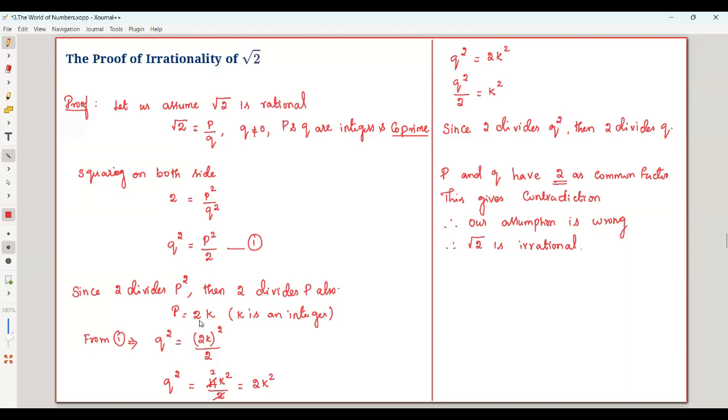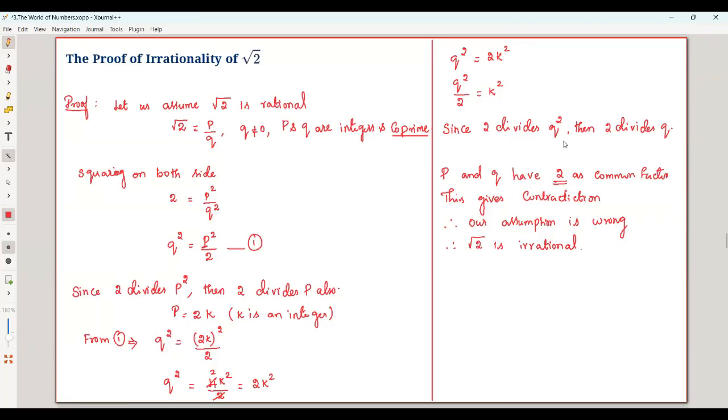So p can be written as 2k, k is an integer. Now in the place of p, I have to substitute 2k in the first equation. Expand, simplify. You will be getting again k square is equal to q square by 2. That means 2 divides q square, therefore 2 divides q also.